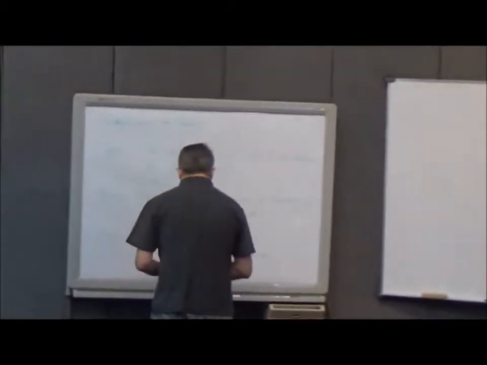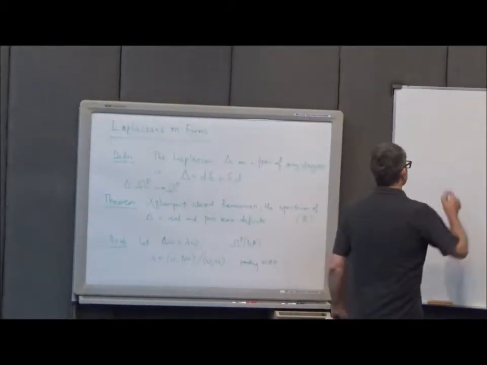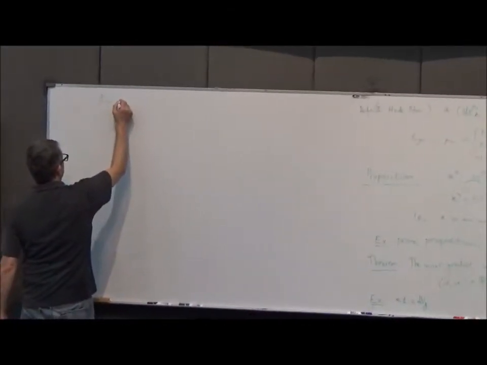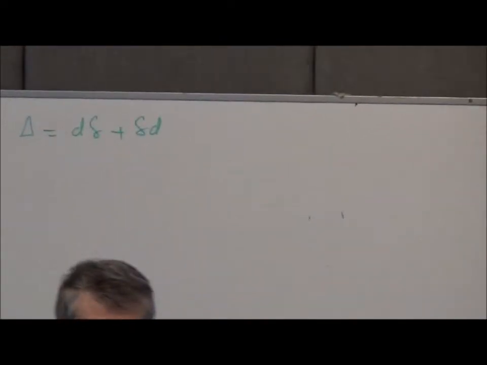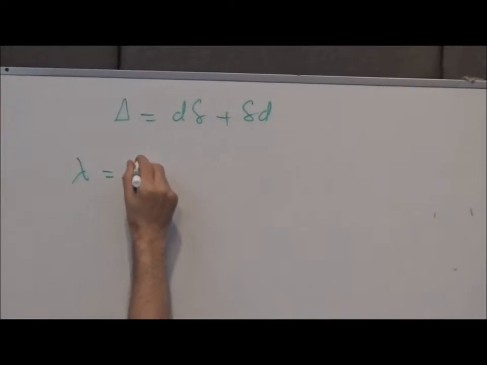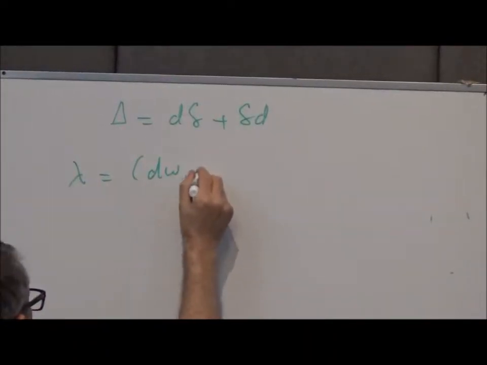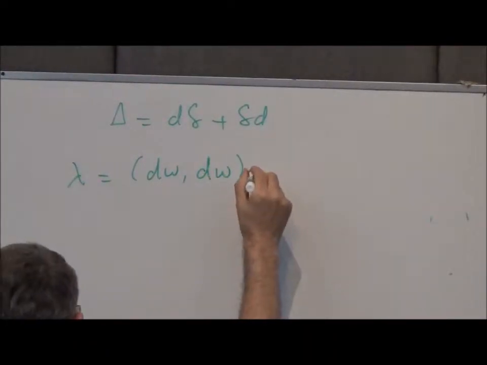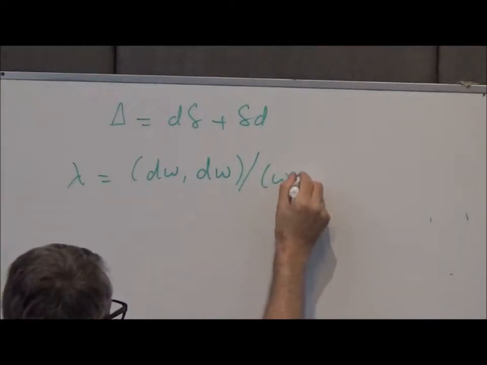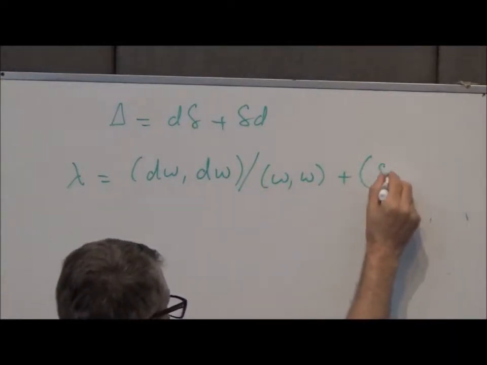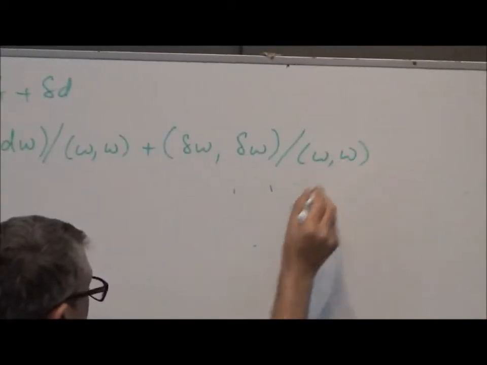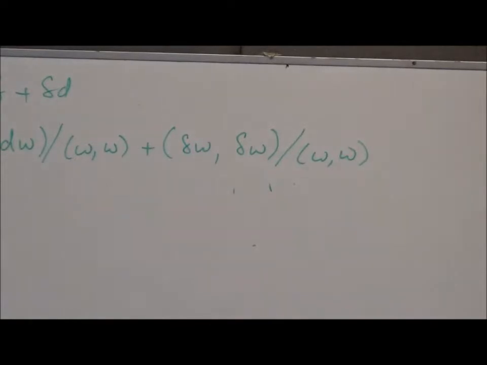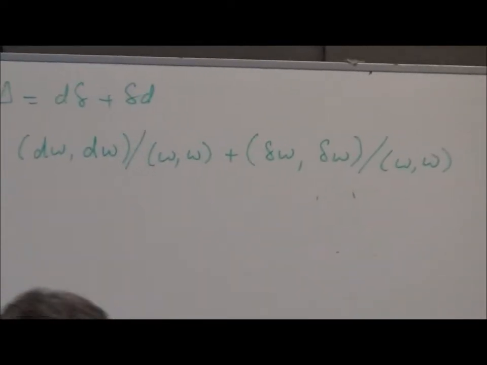So we know something else. Delta is equal to d delta plus delta d. Our inner product is linear, right, the way we wrote it. So we have that lambda is actually equal to the inner product of d omega with d omega over omega omega, plus the inner product of delta omega with delta omega over omega omega. Now, you might say, how do I know?